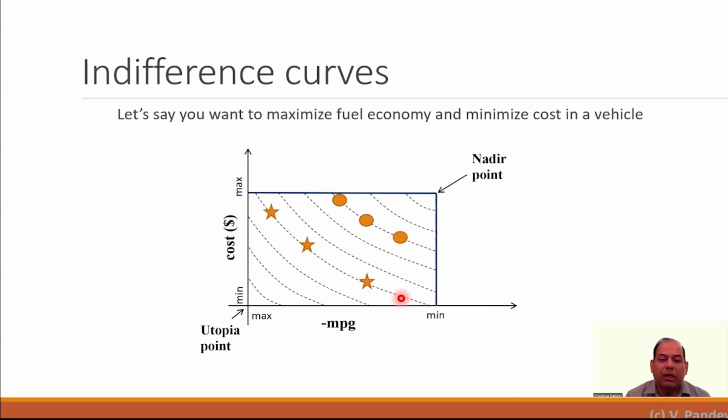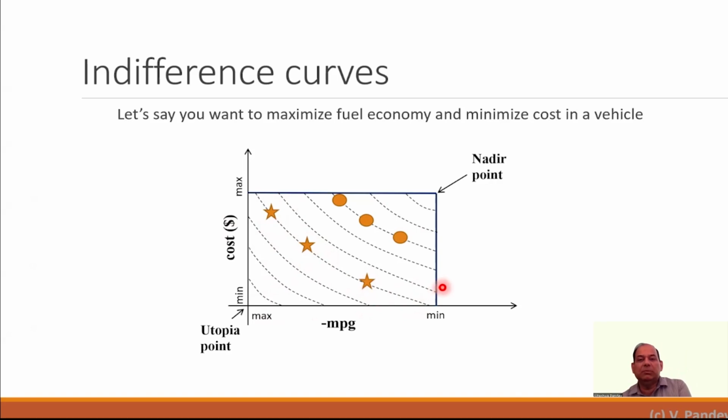And on a different curve, we can say the same thing, the stars. So the decision maker is indifferent between this star and this star. They don't care because, for example, this one has a certain miles per gallon. This one is better in miles per gallon, but also costs more. This one is even better in miles per gallon, but costs even more. So the offset is there.